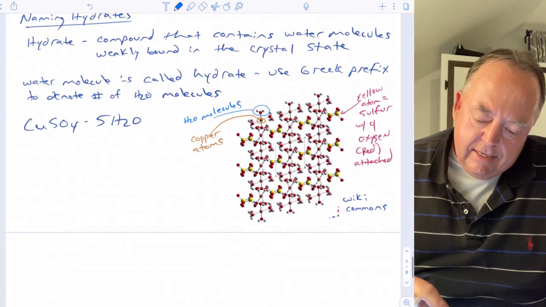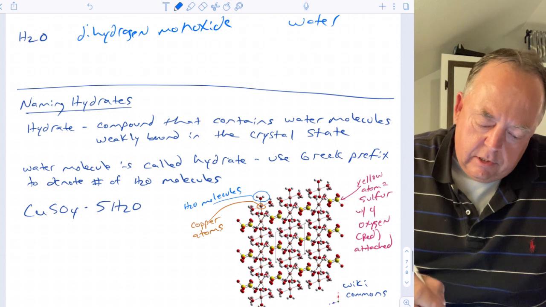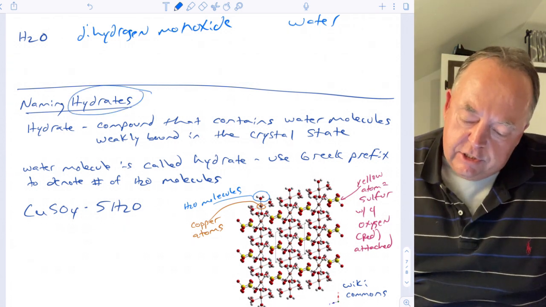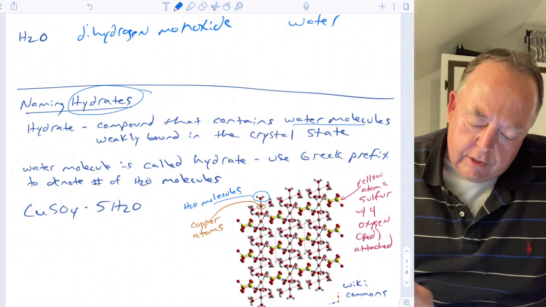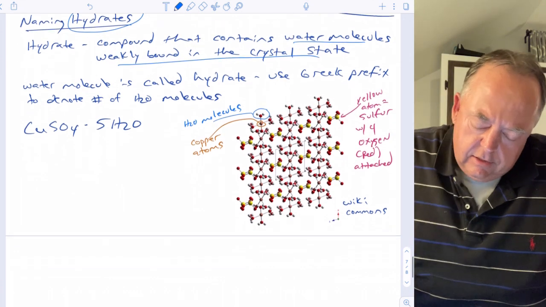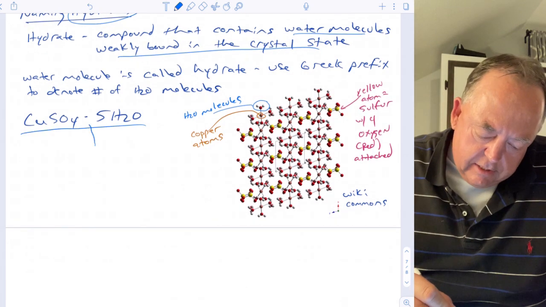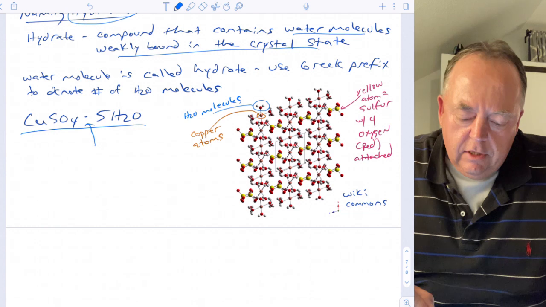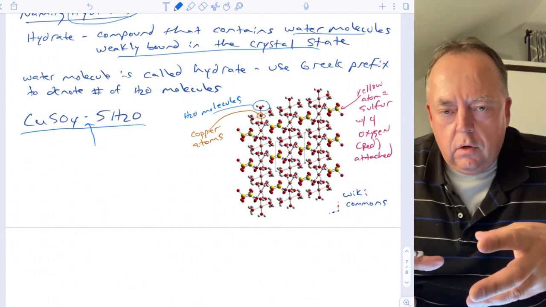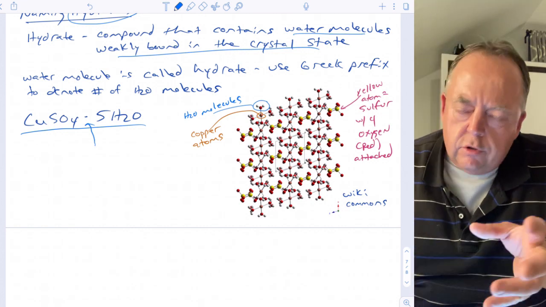Okay, and then lastly in this chapter, looking at how to name things, we name these compounds called hydrates. A hydrate is just a compound that contains water molecules weakly bound in its crystal structure. So this will be an example. CuSO4. If you see this dot and then 5 H2Os, that means 1 CuSO4 will crystallize 5 water molecules with it into its crystal lattice.